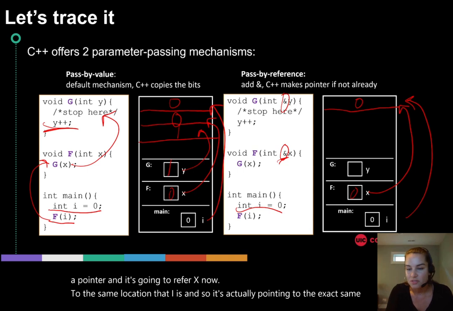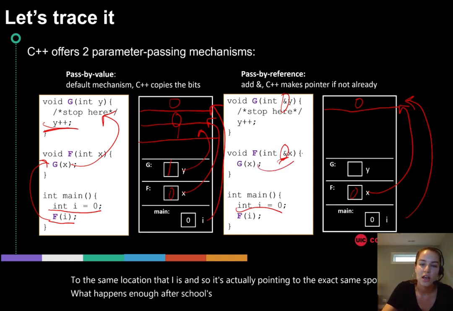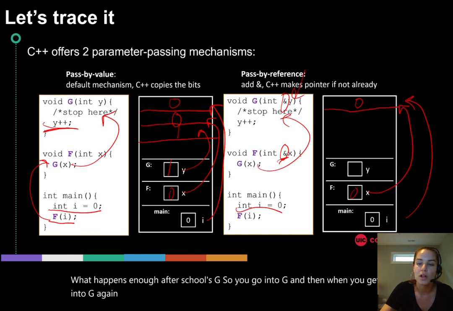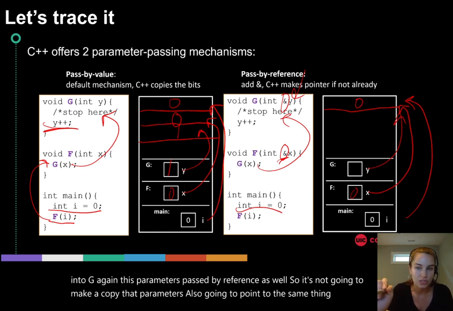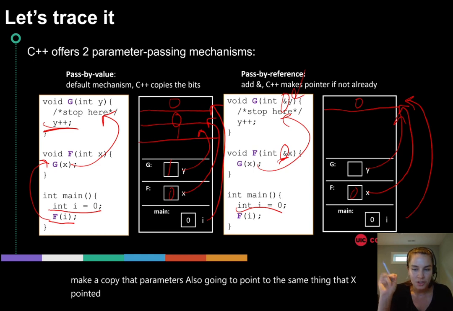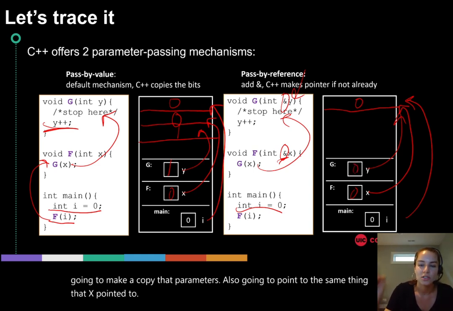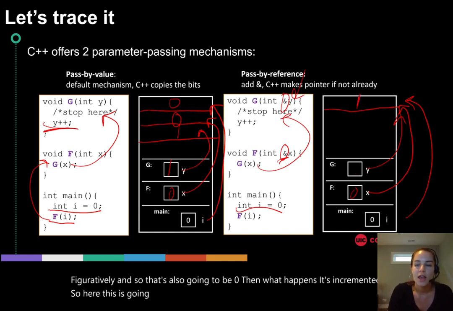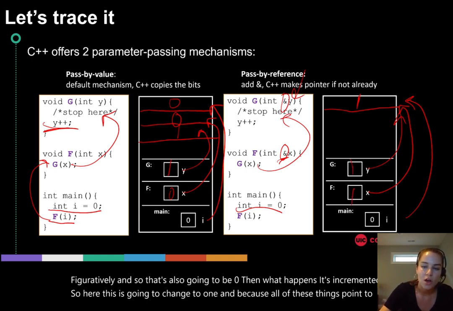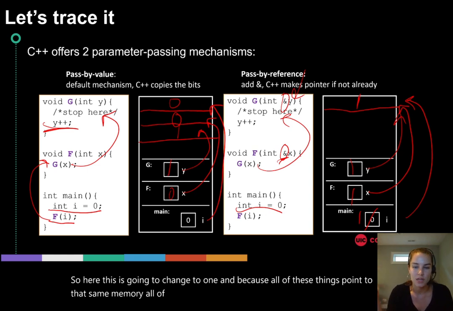What happens in f? f just calls g, so you go into g, and when you get into g, again, this parameter is passed by reference as well, so it's not going to make a copy. That parameter is also going to point to the same thing that x pointed to, and so that's also going to be 0. Then it's incremented, so this is going to change to 1, and because all of these things point to that same memory, all of those variables are going to get updated to 1.